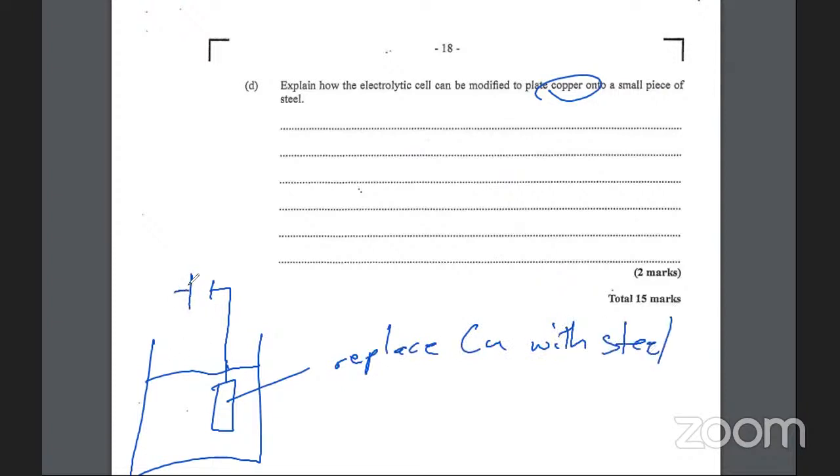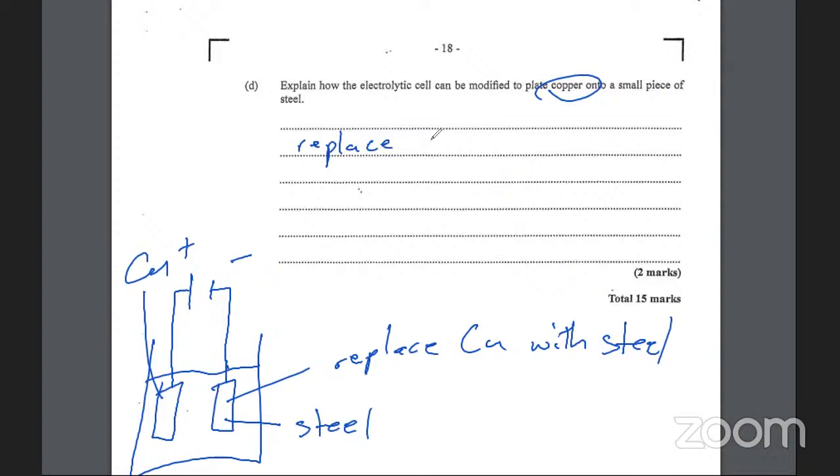So the anode will stay as is, copper metal, but the cathode is going to be made of steel. Right? You replace copper with steel at the cathode.